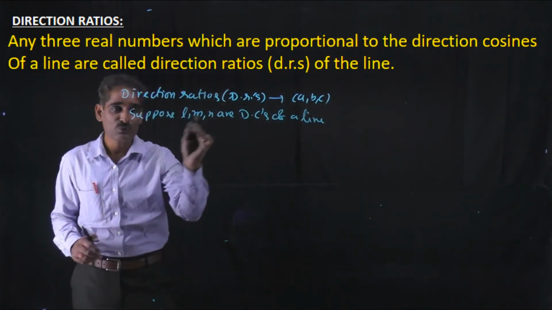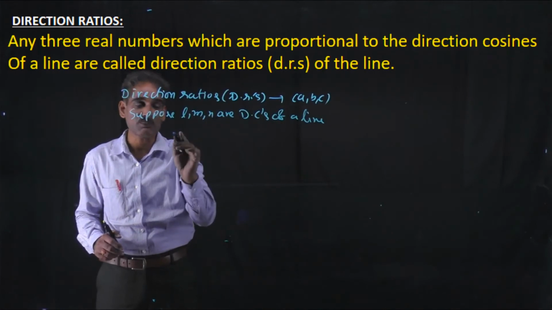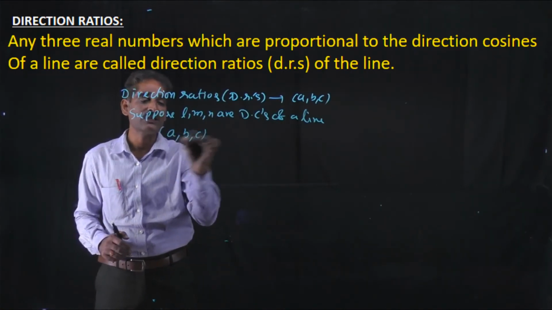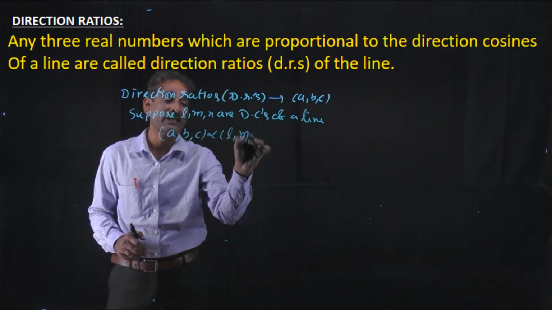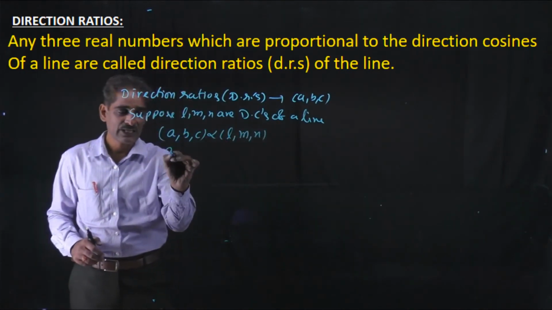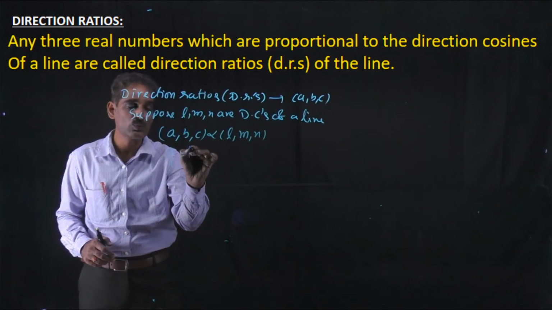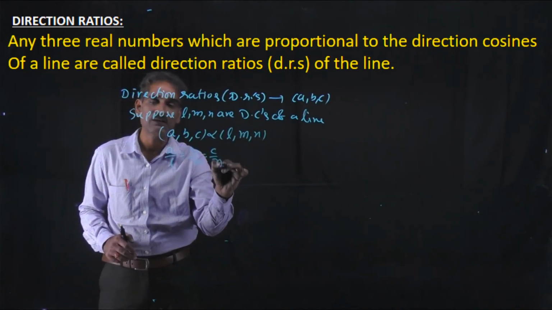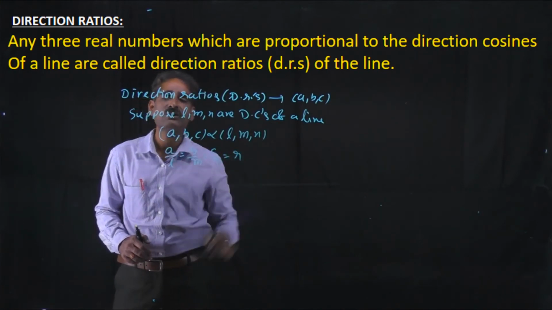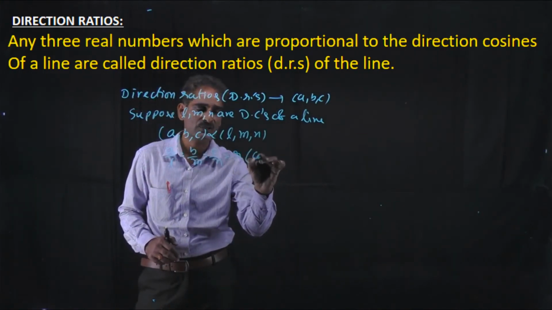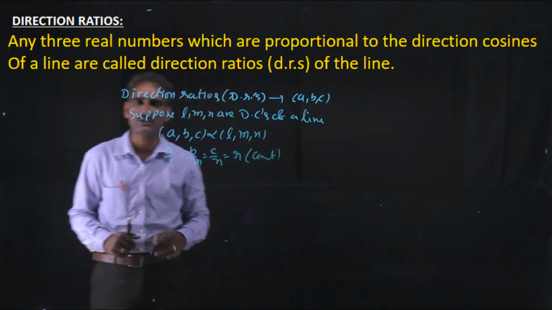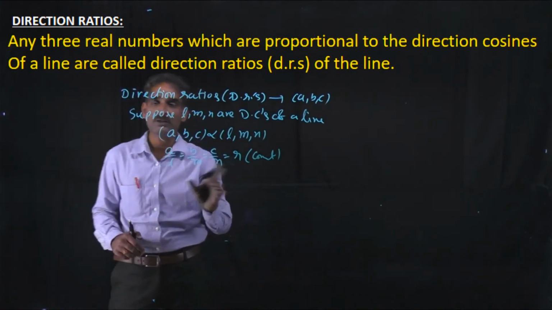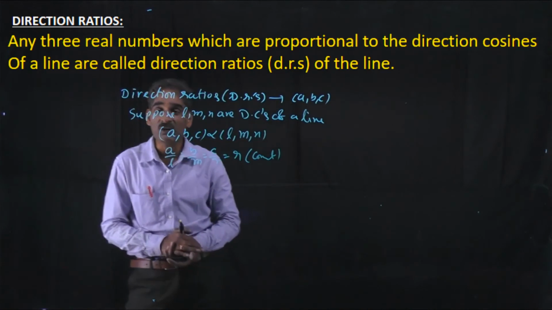If these are proportional to these, that means a, b, c are proportional to l, m, n, that means a by l is equal to b by m is equal to c by n. Let it be equal to some constant. Here l, m, n are the DCs, then a, b, c are called DRs.